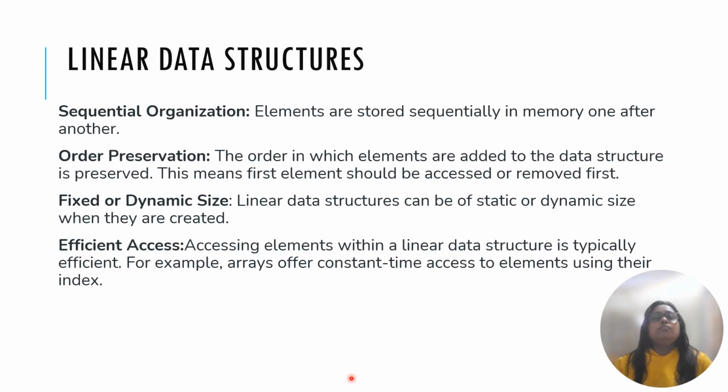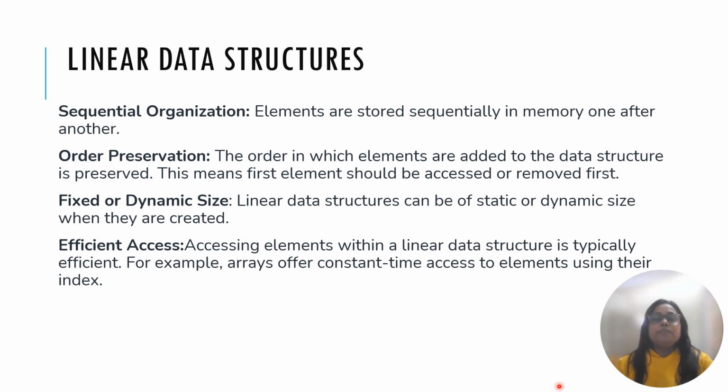Next, what are the general features of a linear data structure? First of all, sequential organization. Order preservation means to insert, to delete, a certain kind of order we have to maintain. Fixed or dynamic size: already I have told you that array is a static linear data structure, but linked list is a dynamic data structure.